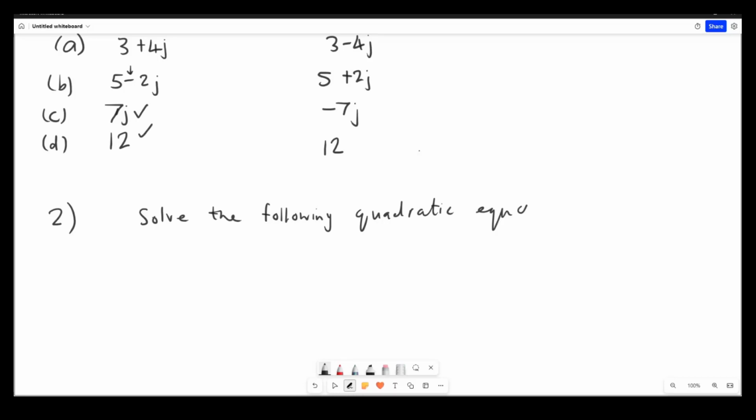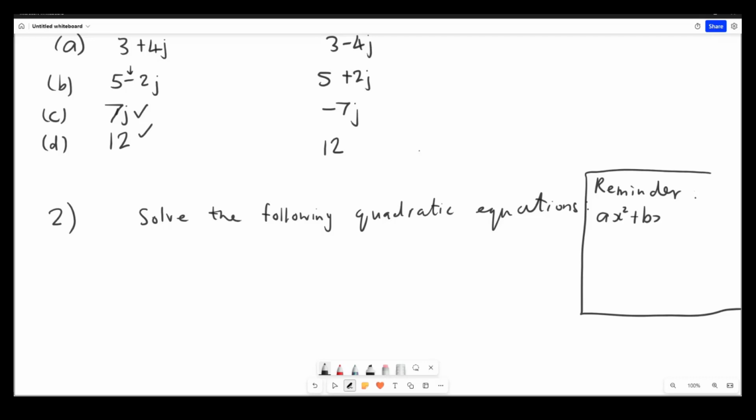Let's just see. I'm just going to remind you of the quadratic formula which you guys have encountered. You guys know from high school that by completion of the square, you can solve a quadratic equation. You can find the roots of this equation where A, B, and C are constants.